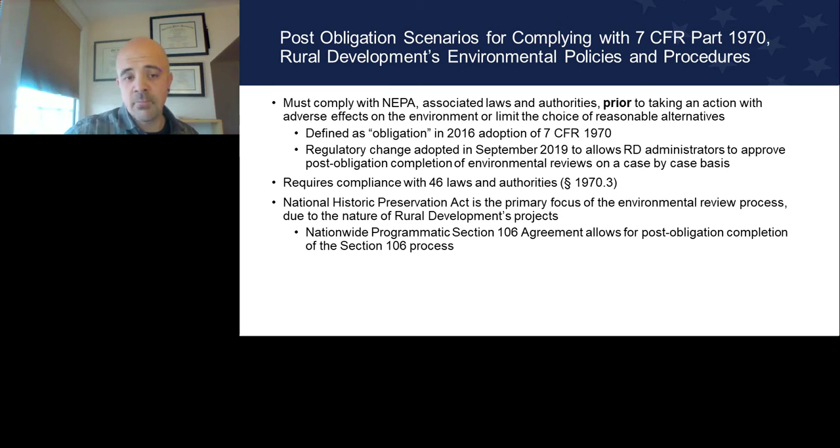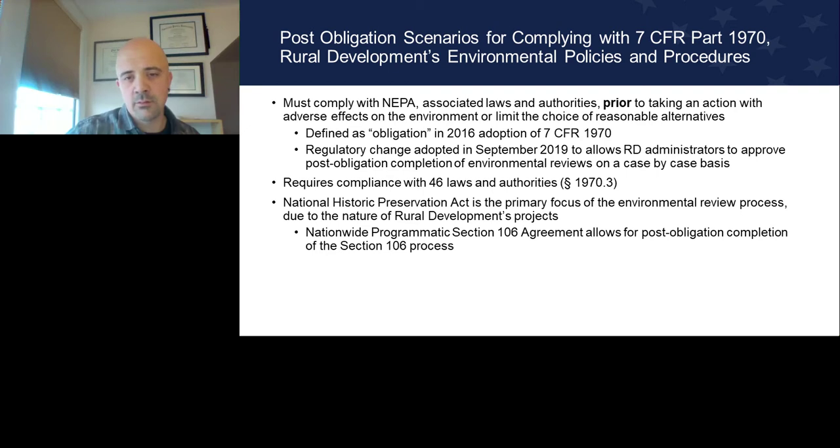So there are 46 some laws and authorities that 1970 and our environmental policy rolls into 1970. The data that you provided during application was enough to show compliance with the majority of those laws and authorities. Most projects are left conditioned on either the Section 106 process or the Section 7 process.